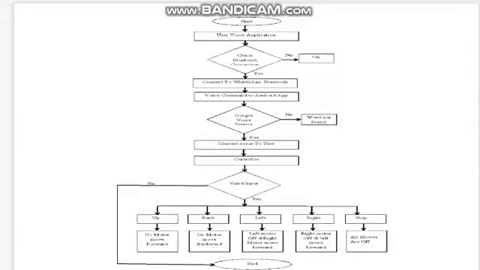If the input command is forward, both motors move forward. If the user gives the command backward, both motors move backward. Similarly, if the user gives the command left, the right motor moves and the left motor stops. And if the user gives right, the left motor moves and the right motor remains stopped. This is the basic working of the wheelchair.